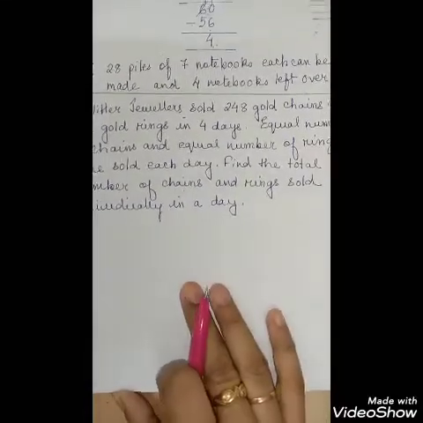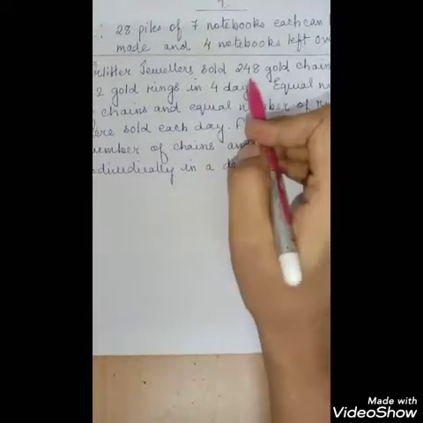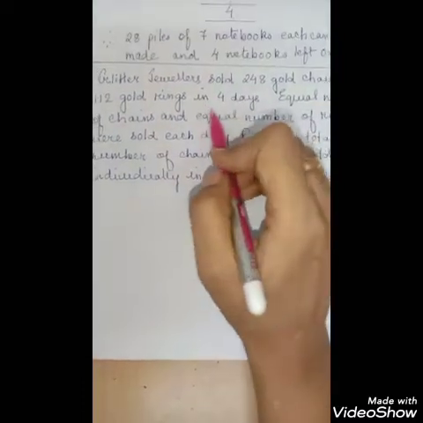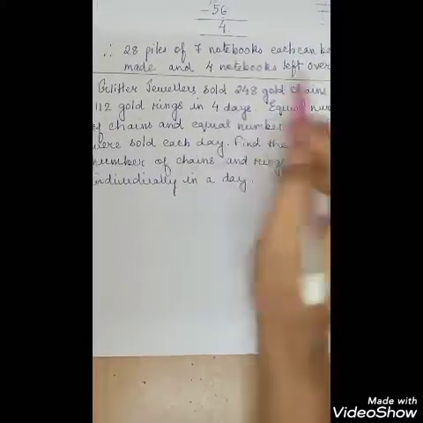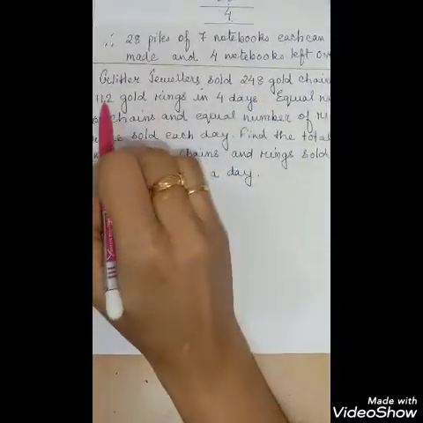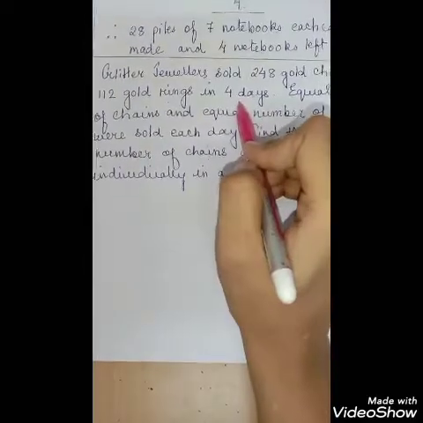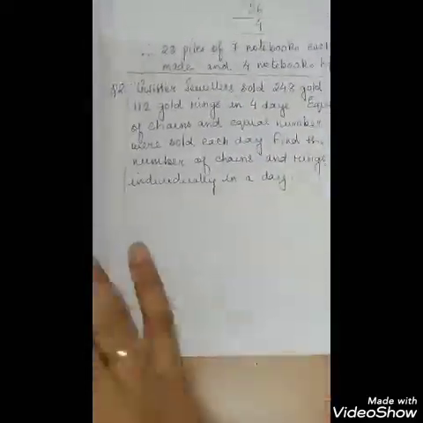For that, we have to do division. First, we divide 248 gold chains by 4 days. Then we divide 112 gold rings by 4 days. Yes, we will get the answer.